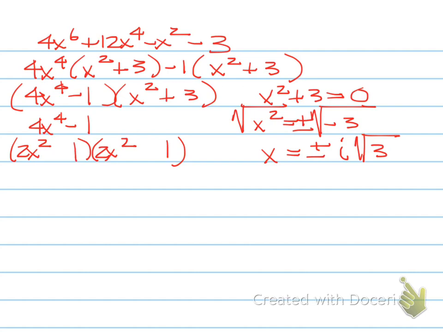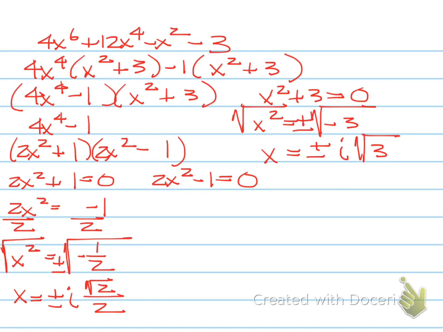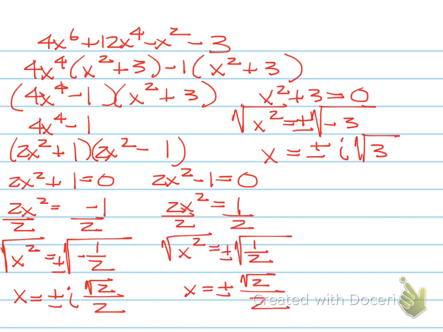Only factors of 1 are 1 and 1. One should be positive, one should be negative. And then set each one of those factors equal to 0. We get x equals plus and minus i root 2 over 2. And then when we set the 2x squared minus 1 equal to 0, we get the last 2 roots, which are plus and minus root 2 over 2.